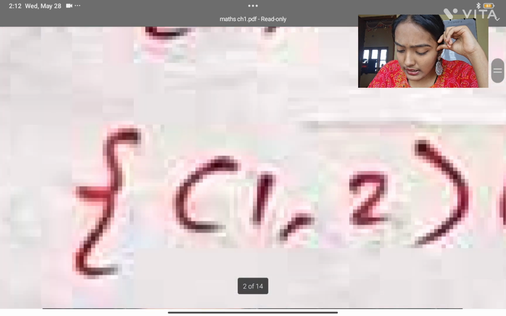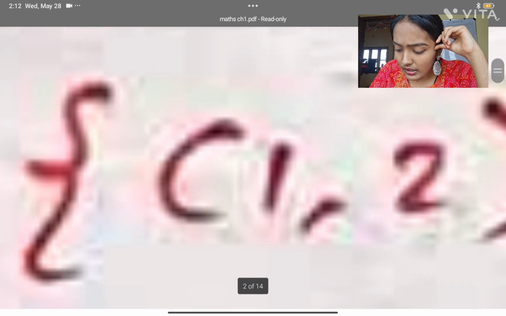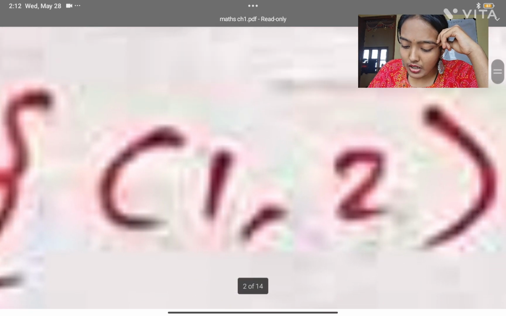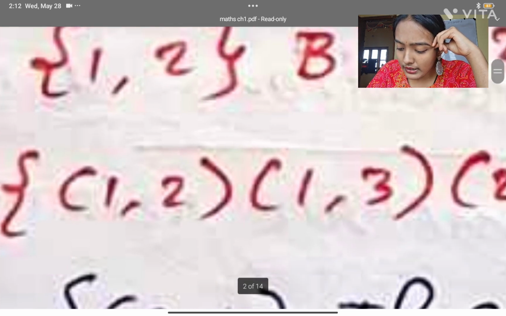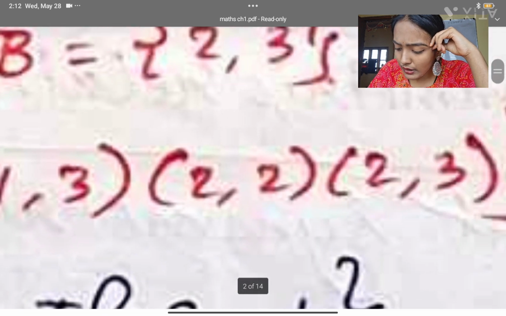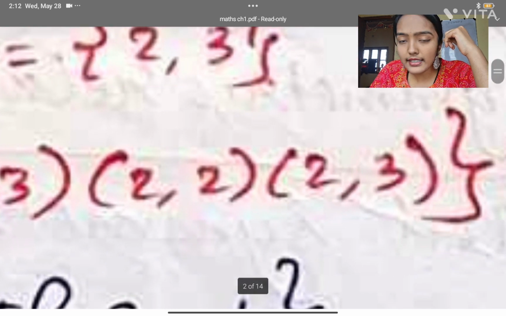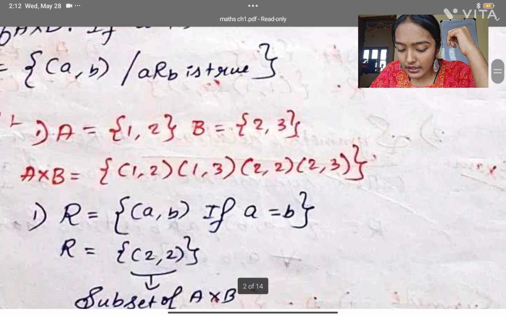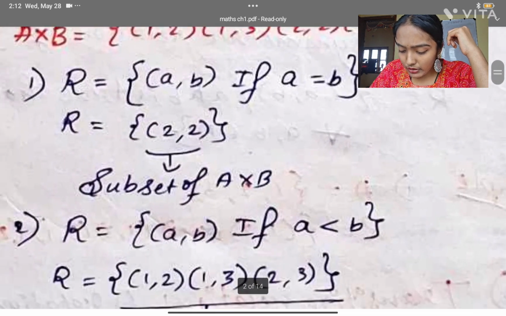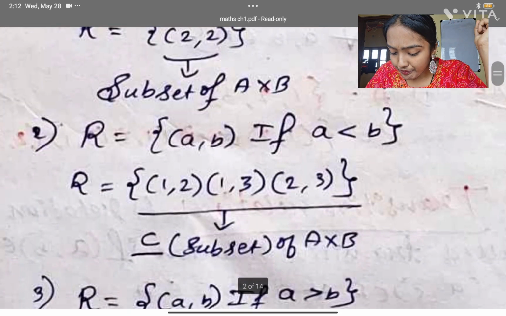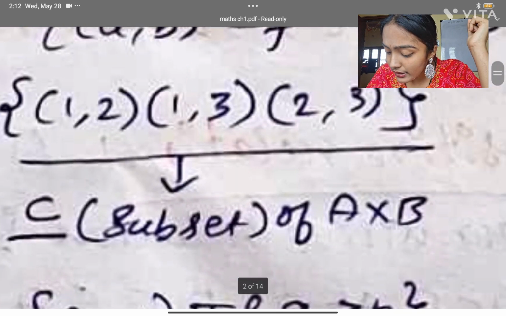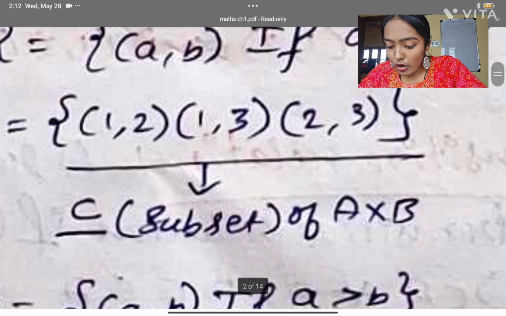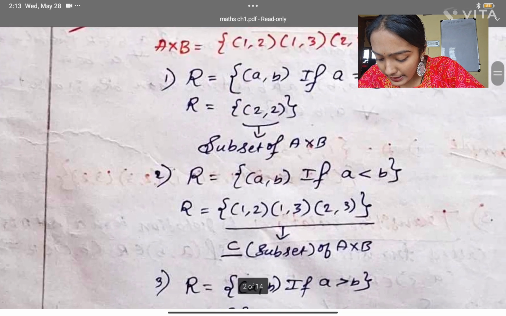This first one is less than the second. This one is true because 1 is less than 2, and here it is also true, 1 is less than 3, and this one is also true because 2 is less than 3. So these 3 can be written in this category. Also this is a subset, it belongs to A cross B. That's what they want to say.